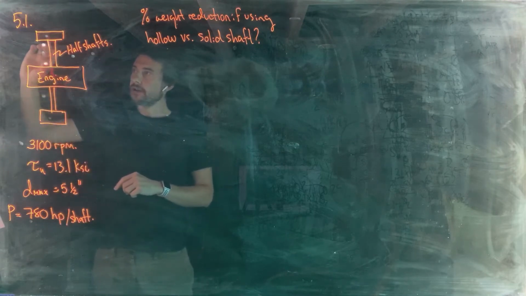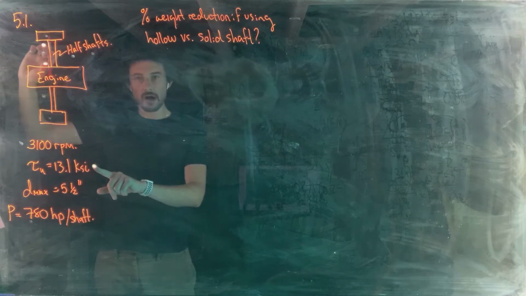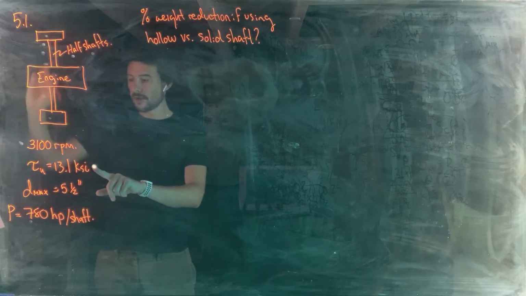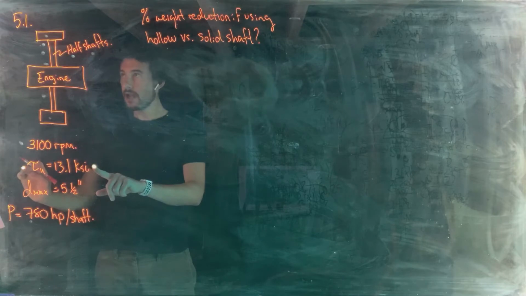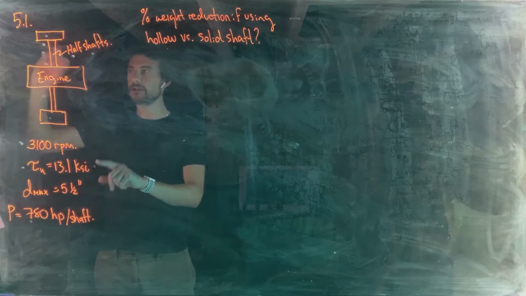So we want to calculate the minimum size solid shaft that it would take to support this stress, and also the same thing for a hollow shaft, and then we'll compare the weights of those.